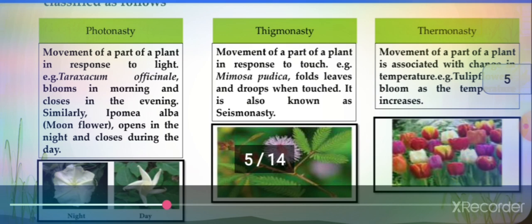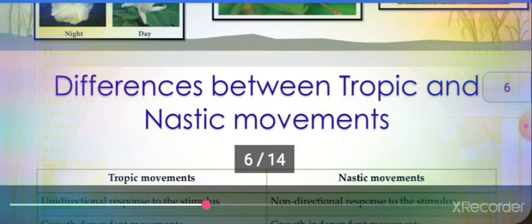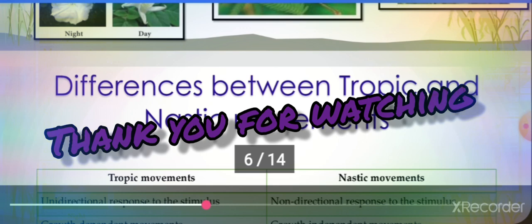These tulip flowers, they bloom when the temperature increases. So that is called thermonasty, movement of a part of the plant, and that is mainly due to the changes in the temperature. So I close here and we will continue again.